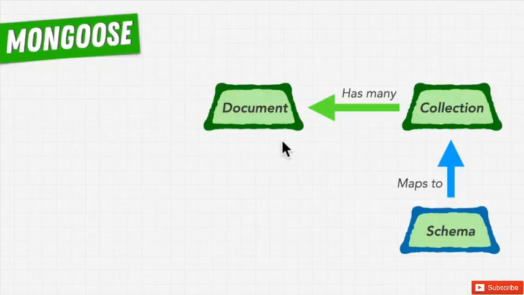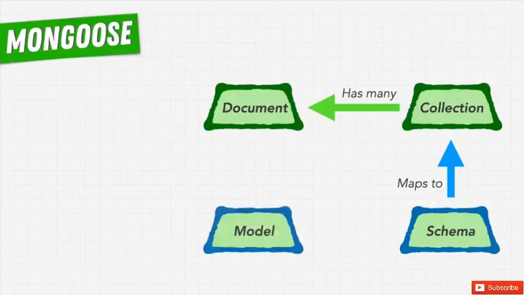The way we use our schemas is by creating models that use the schema. The model takes that schema, and while following the structure of that schema, allows some corresponding collection to be queried.